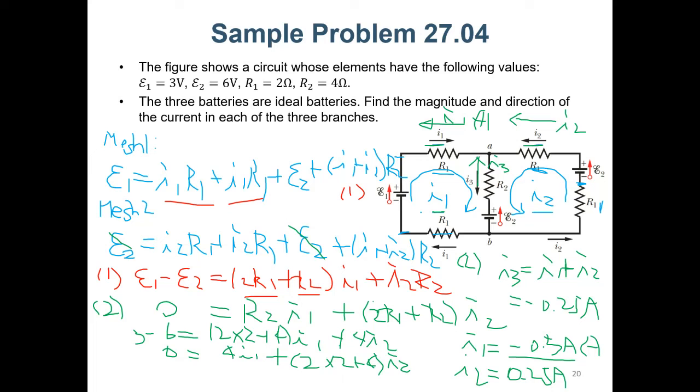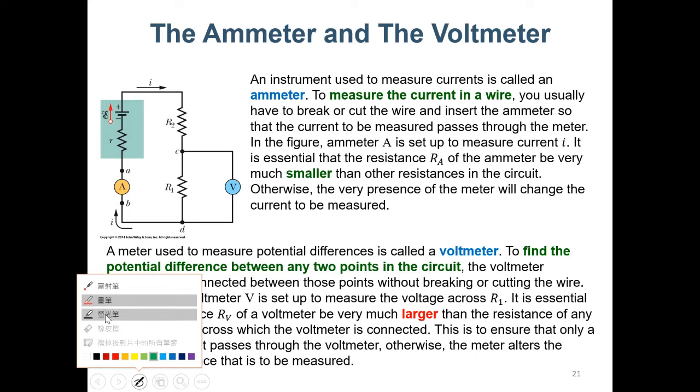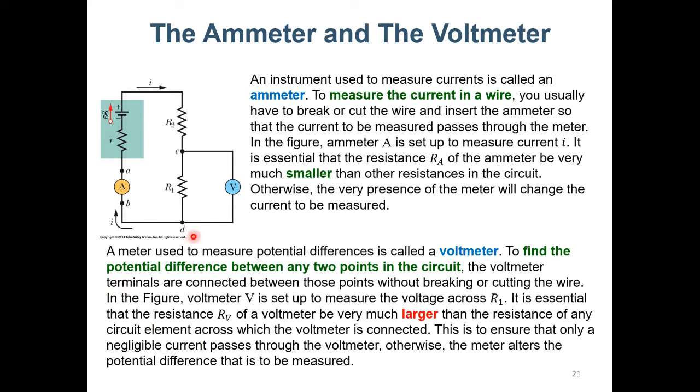So next we talk about the ammeter and the voltmeter. So this is some sort of equipment to measure the current in a path or a voltage between 2 points. So A is the symbol standing for the ammeter, and this one V is the symbol standing for the voltmeter.